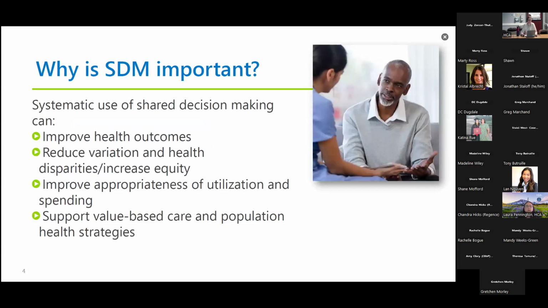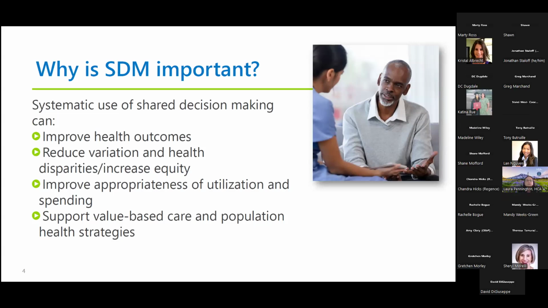So why is this important? Well, there's been a lot of research around shared decision-making and the use of patient decision aids. That research has shown that shared decision-making has the potential to improve health outcomes for patients. Patients are more actively engaged in their care and their self-management. It reduces variation and health disparities while increasing equity.